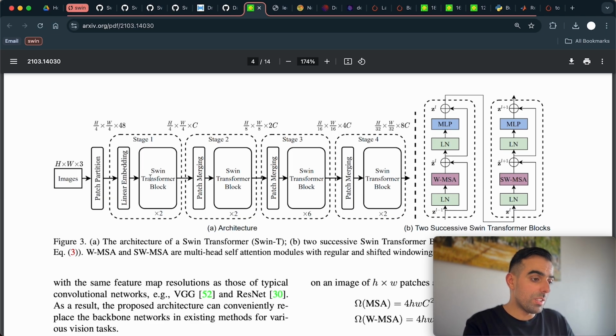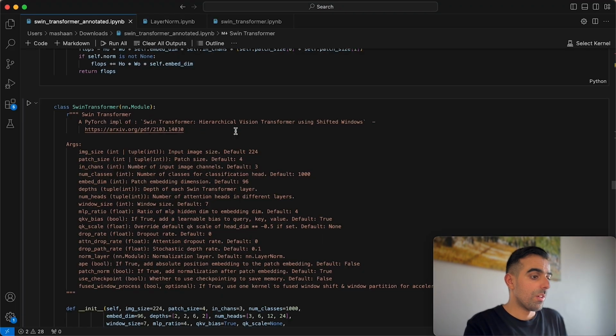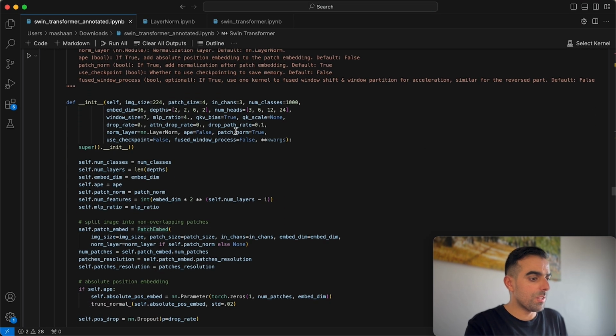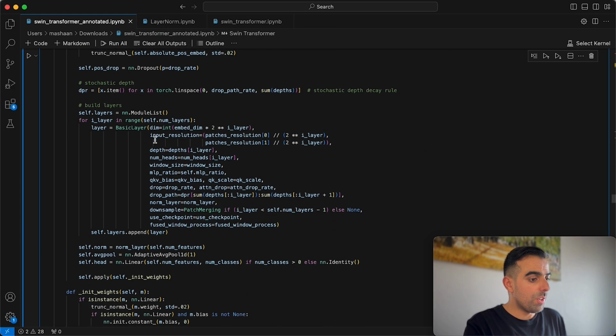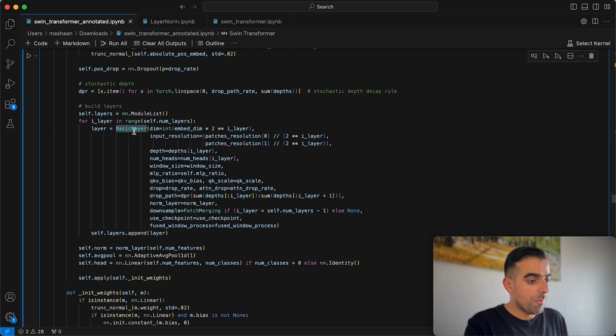So after layer 1 does its magic and runs the Swin Transformer block, it will perform patch merging. If you go to the Swin Transformer class, you will see that it first performs patch embedding, then it calls basic layer. Basic layer has a downsample parameter.